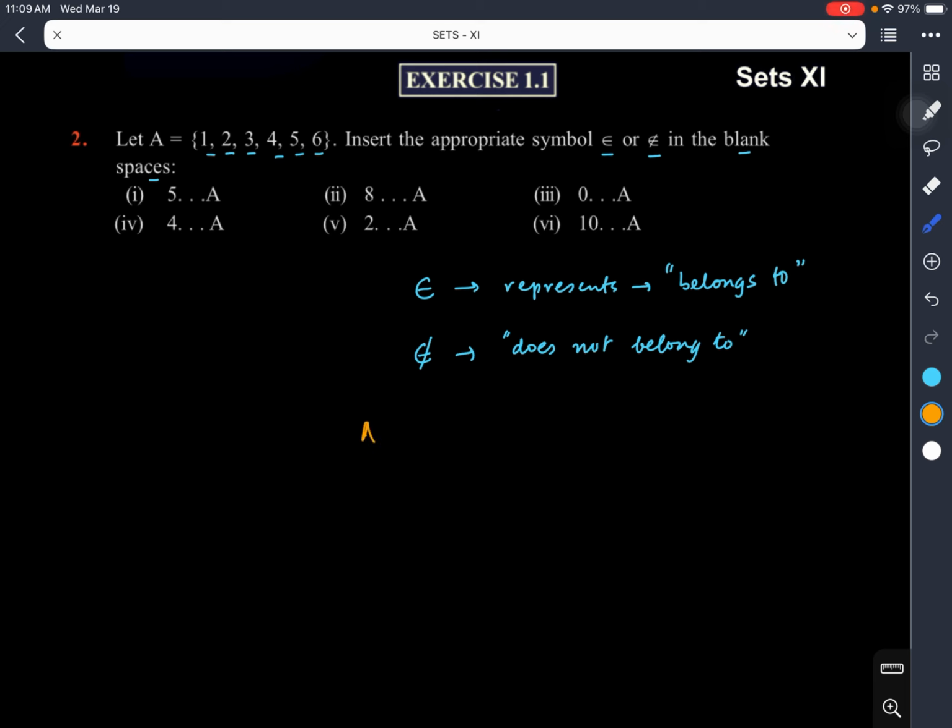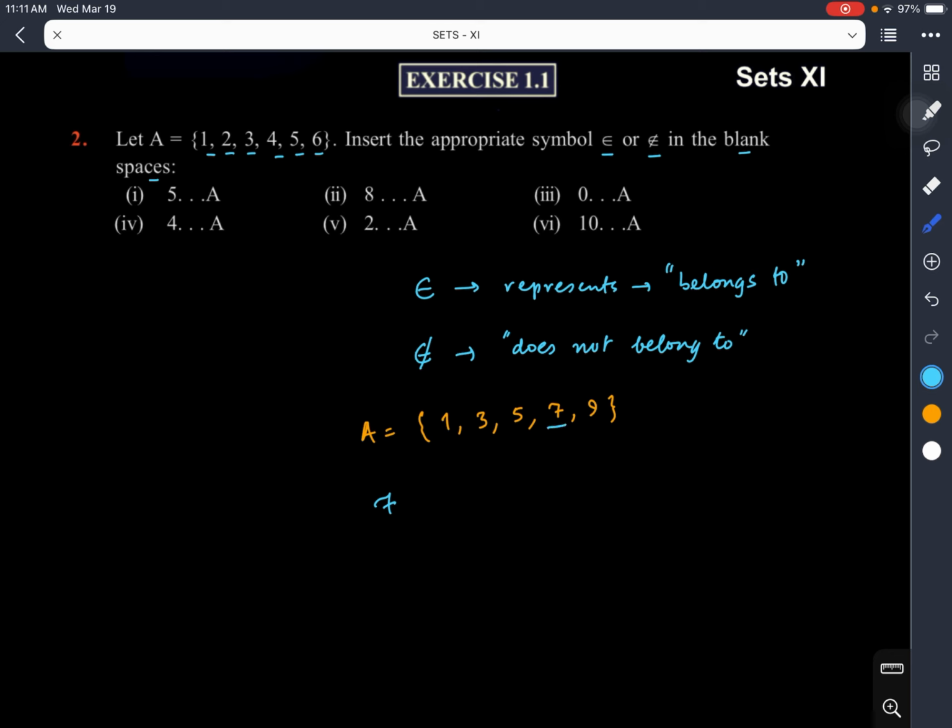Take for example, we have a set A where the elements are odd numbers less than 10. The elements will be 1, 3, 5, 7 and 9. These are all odd numbers less than 10. If someone asks me, is 7 an element of this set?